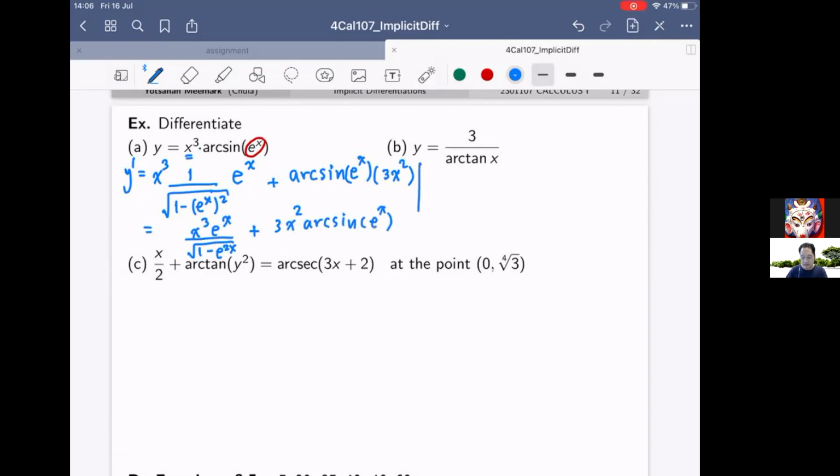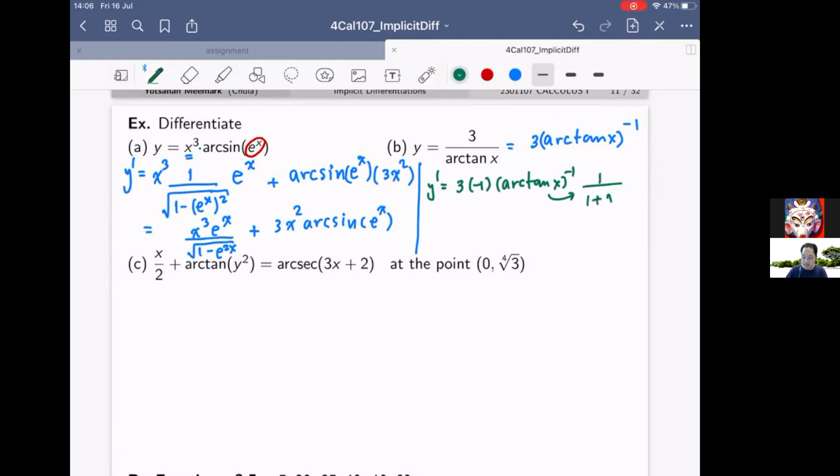We good? Yeah. So in this one, you can see that actually this is the arctangent of x raised to the power of 3. So we can simply use the chain rule by looking at it as g of x raised to the power r. So your y prime is 3, and then kick down that power and lower your power by 1, and then the derivative of the one inside, which is the derivative of the arctangent.